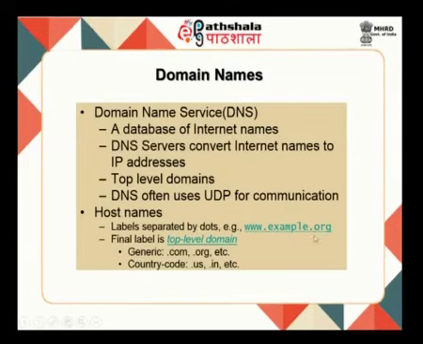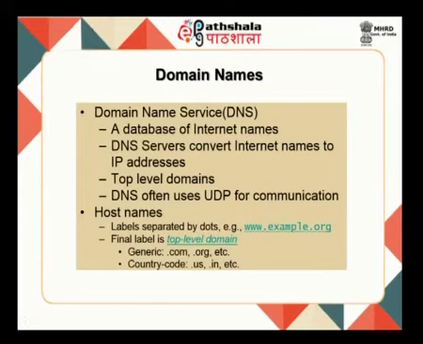Now, the suffix can be 3 characters like .com, .org, .edu or .net, etc. And this suffix can also be a 2-character country code, like .us or .in, .uk, etc. Since the internet was born in the US, .com mentions that the resource is from some server that exists in the US, and all other countries are given 2-character names, like UK for England and JP for Japan, etc. And IN means that it is in India.